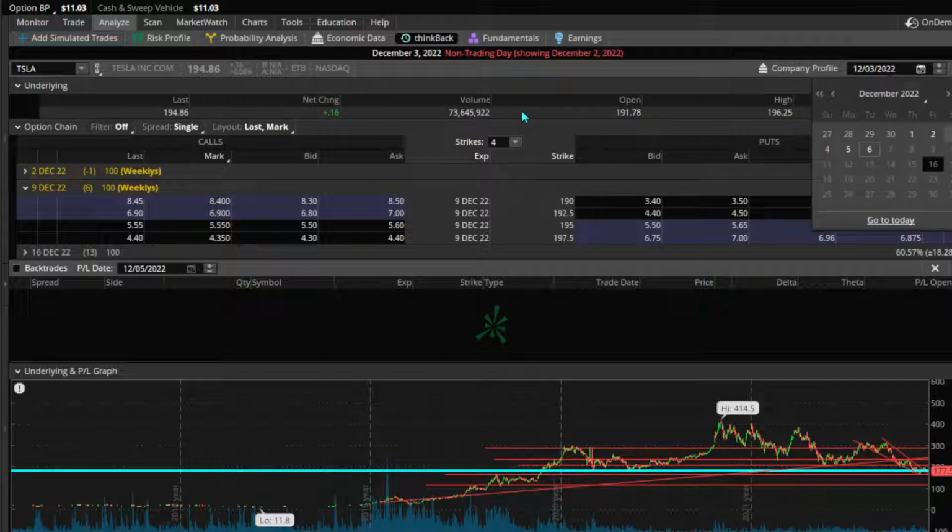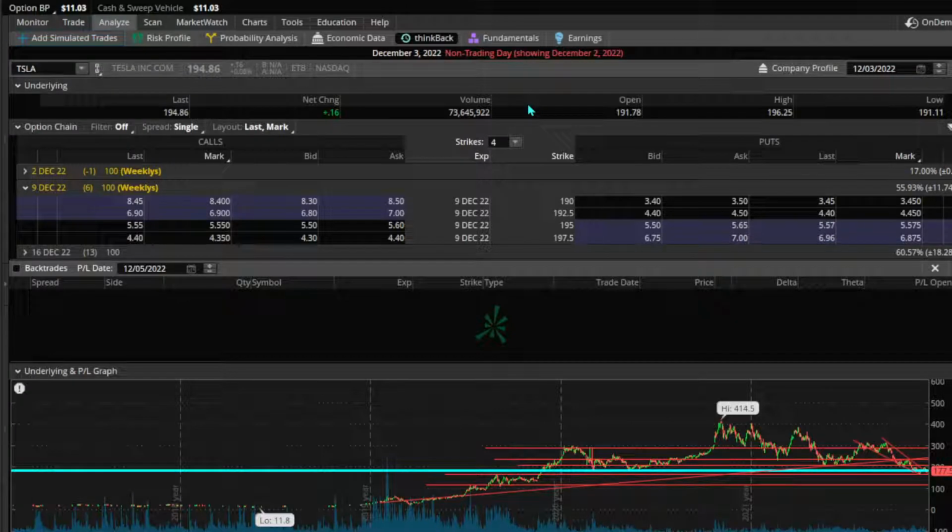Then I look at the options pricing for the at the money strikes. If we're looking at the options for the next week, which is 1 week after December 2nd, that would be December 9th. The price action is at 194.86 as of December 3rd.